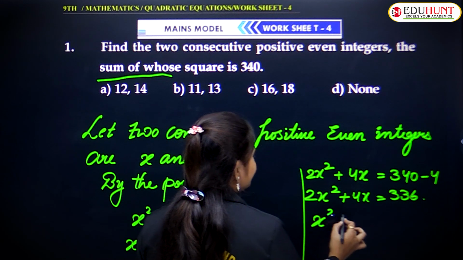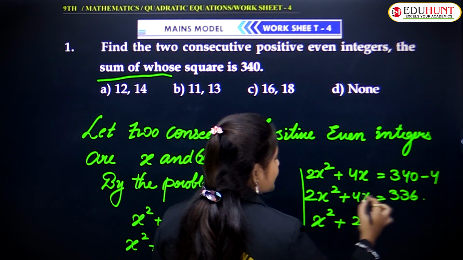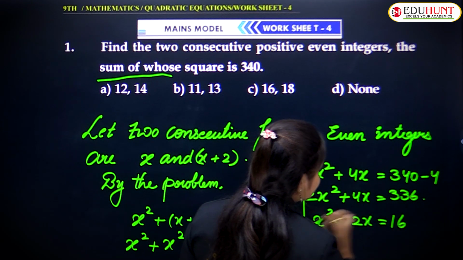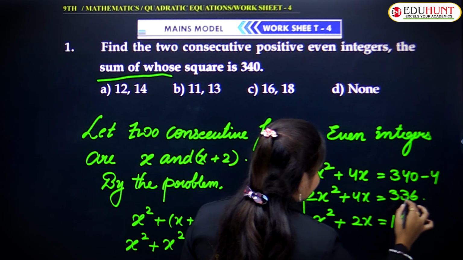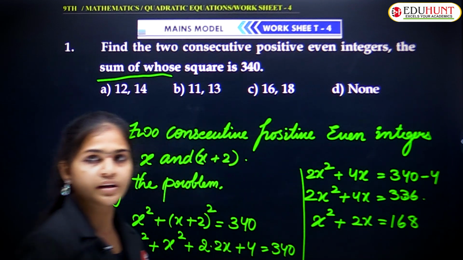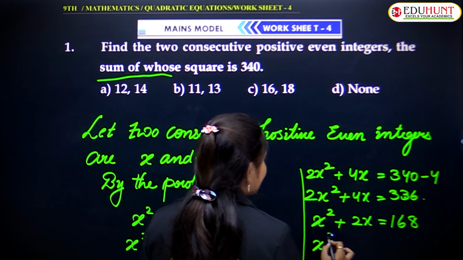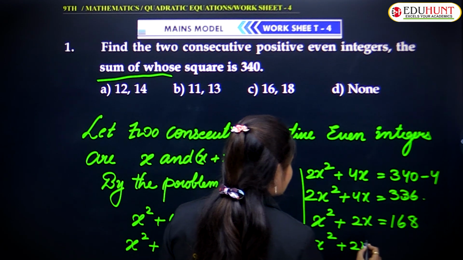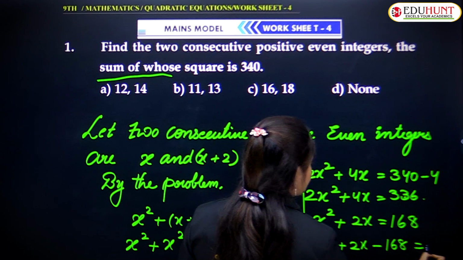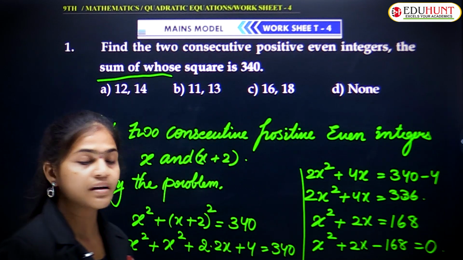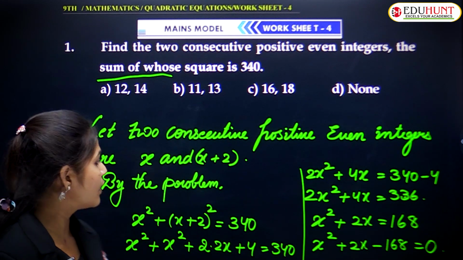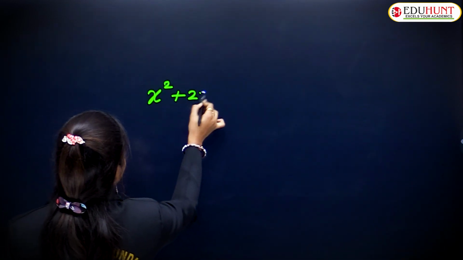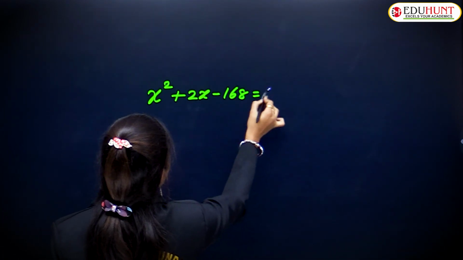So x square plus 2x is equal to 168. Clear? So x square plus 2x minus 168 is equal to 0.